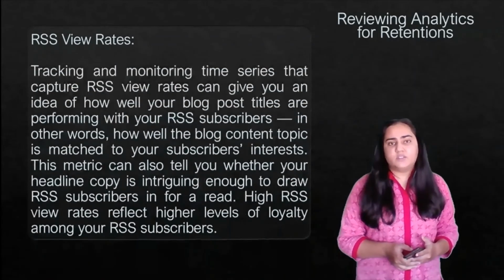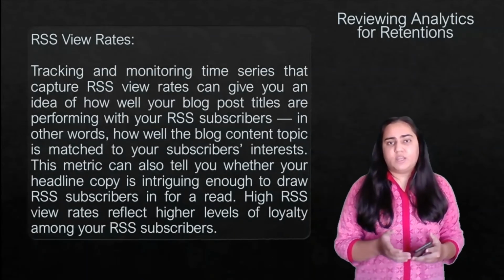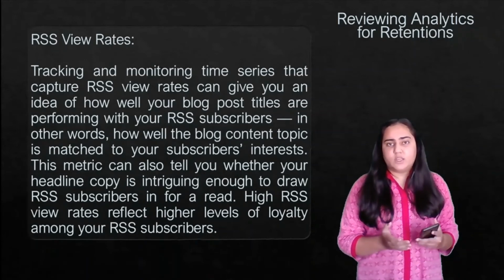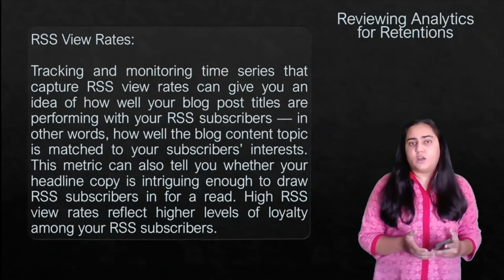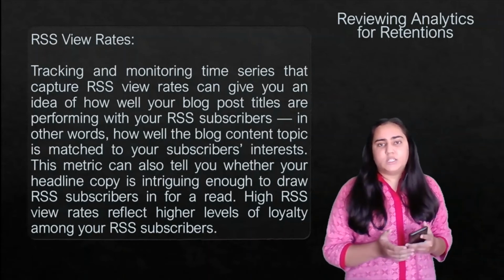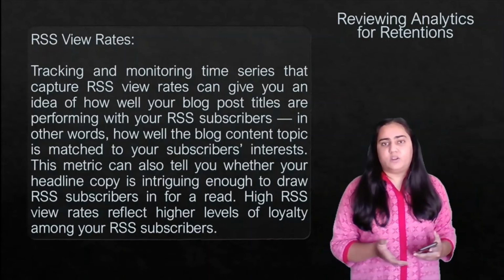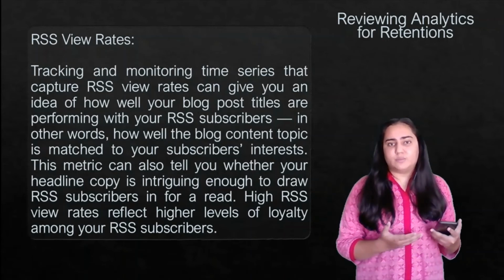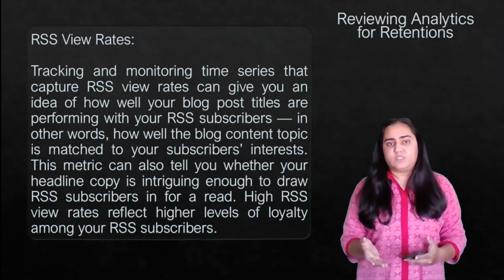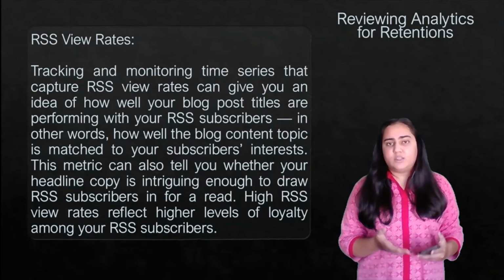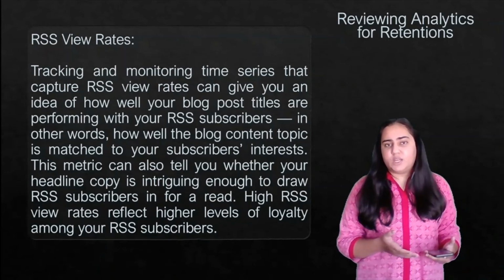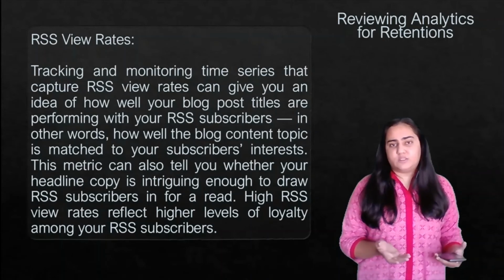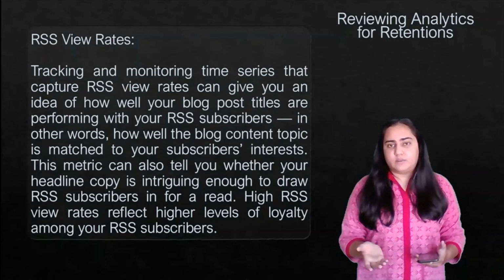The next is RSS view rates. Tracking and monitoring time series that capture RSS view rates can give you an idea of how well your blog post titles are performing with your RSS subscribers. In other words, how well the blog content topic is matched to your subscribers' interests. This metric can also tell you whether your headline copy is intriguing enough to draw new RSS subscribers for a read.